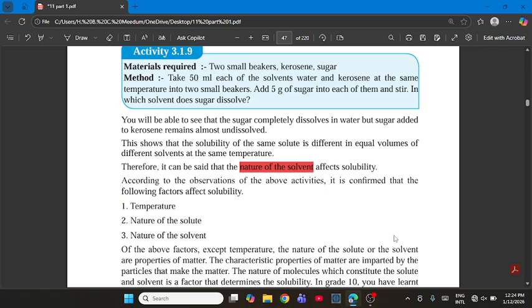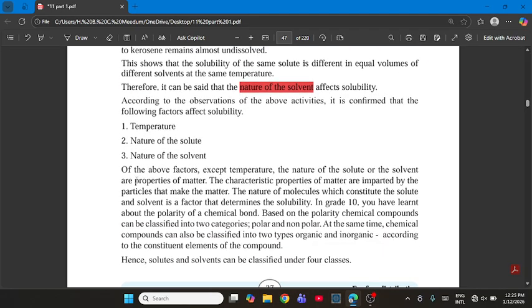According to the observations of the above activities, it is confirmed that the following factors affect solubility: temperature, nature of the solute, nature of the solvent. Of the above factors, except temperature, the nature of the solute or the solvent are properties of matter.